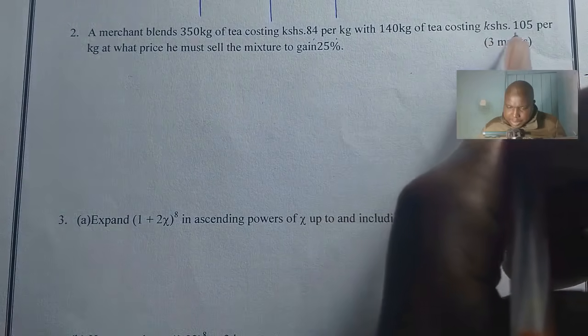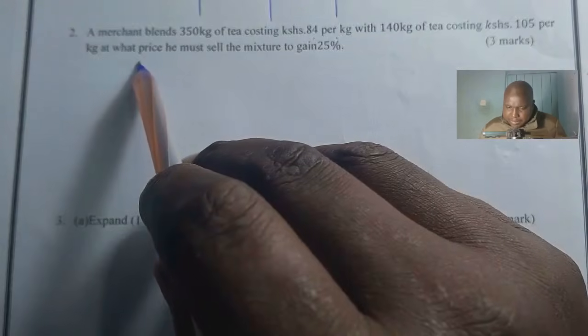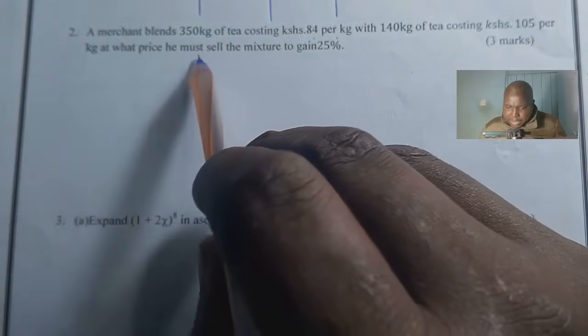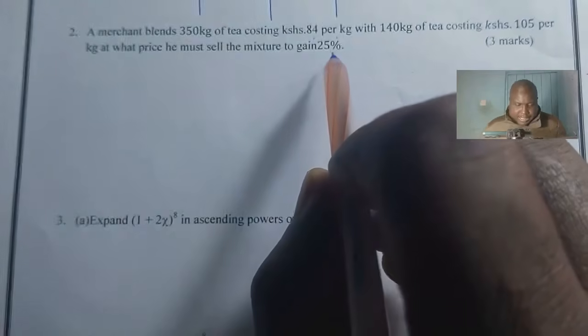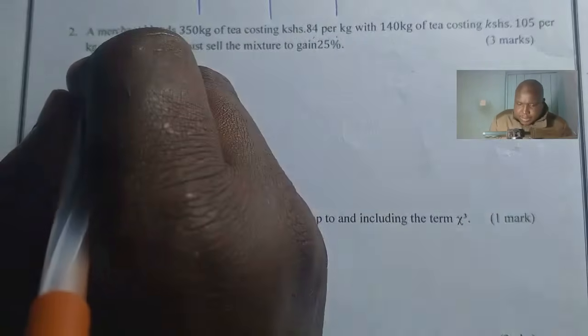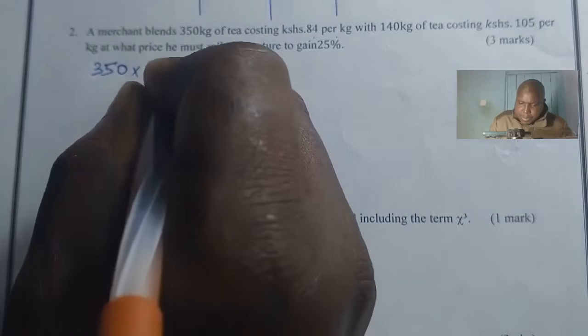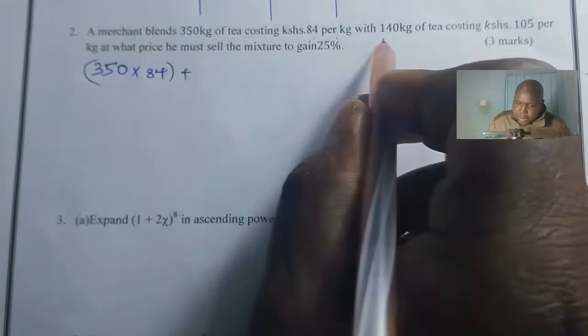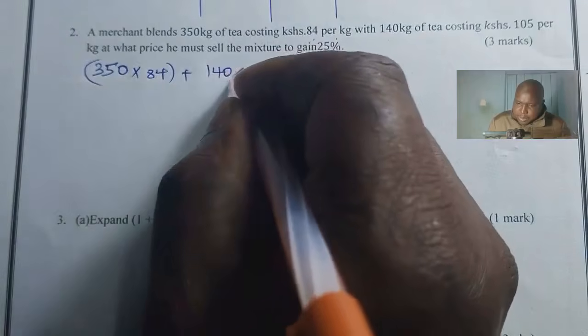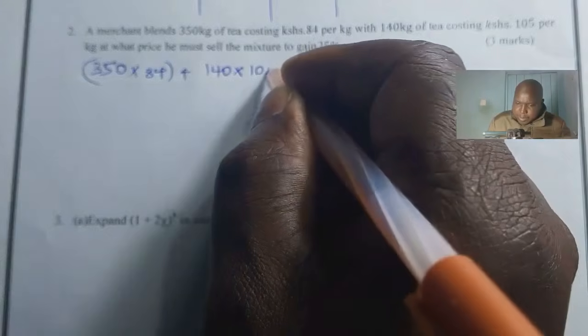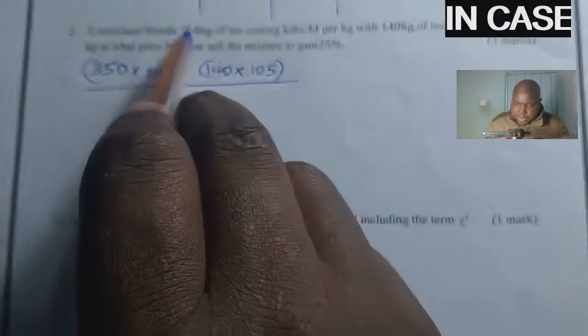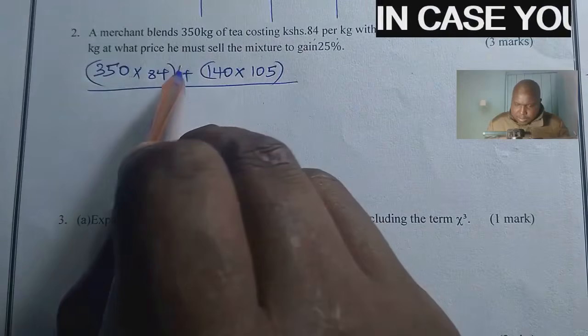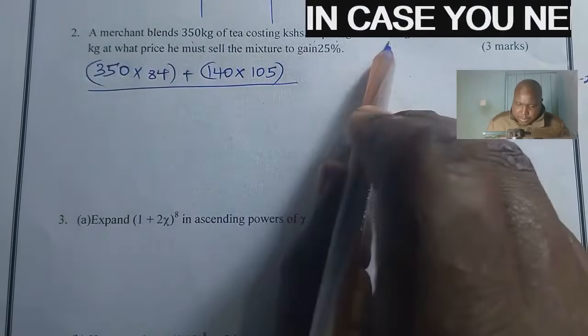350 kilograms of tea costing Kenya shillings 84 per kilogram is mixed with 140 kg of tea costing Kenya shillings 105 per kilogram. At what price must he sell the mixture to gain 25%? So that is 350 times 84 plus 140 times 105, divided by the total, which is 350 plus 140.